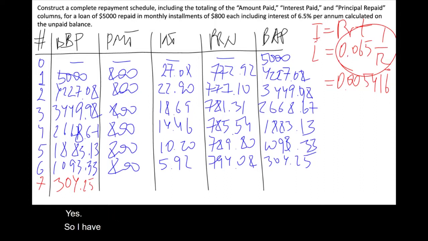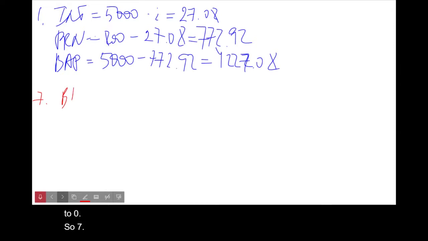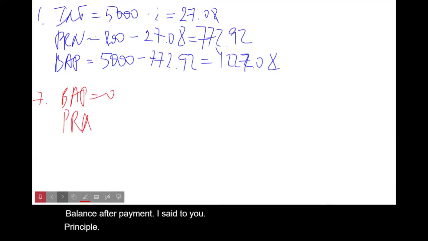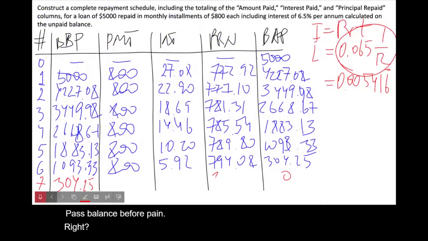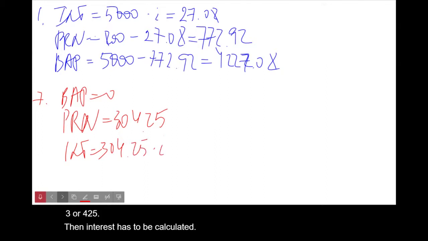So I have to adjust the payment. I start by setting the balance after payment to 0. So line 7, balance after payment, I set 0. Principal has to be the same as the balance before payment, right? 304.25. Then interest has to be calculated times I, so 1.65.